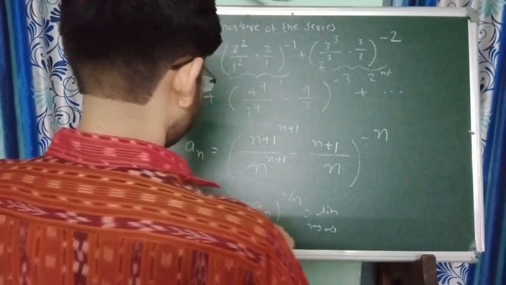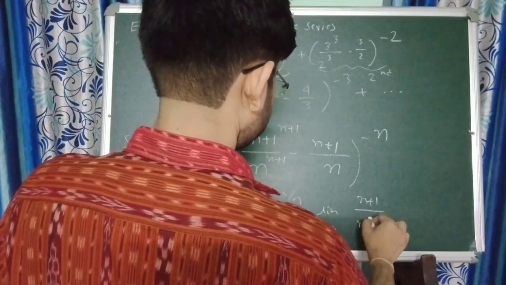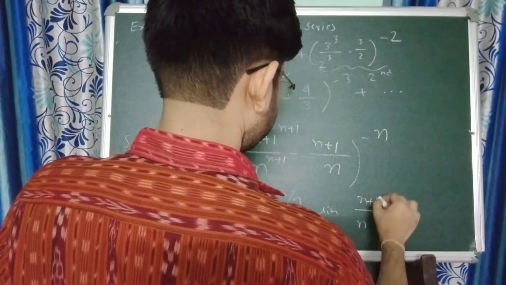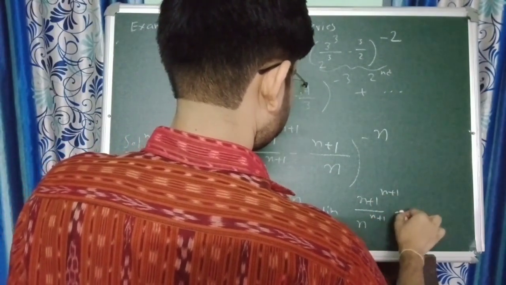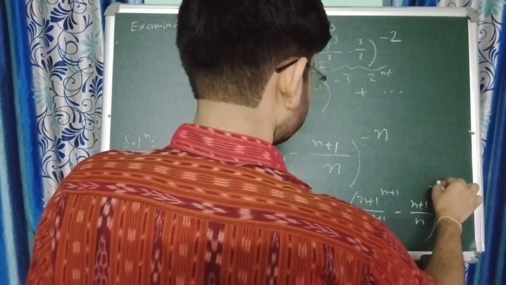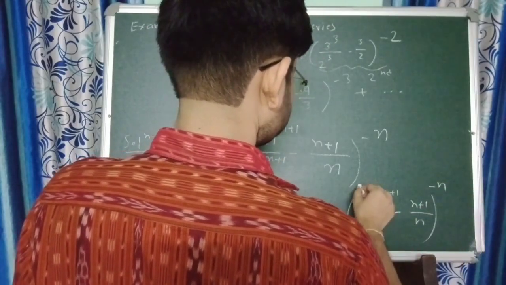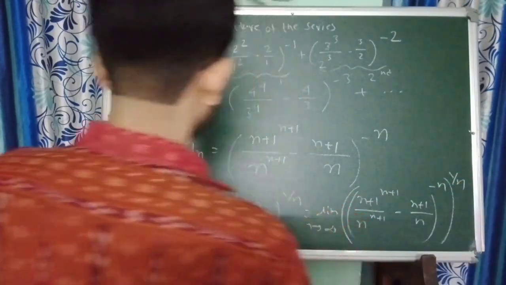Limit n tending to infinity of a_n to the power 1 by n. This is (n plus 1 divided by n) to the power n, into (n plus 1 divided by n) to the power minus n, all to the power 1 by n.